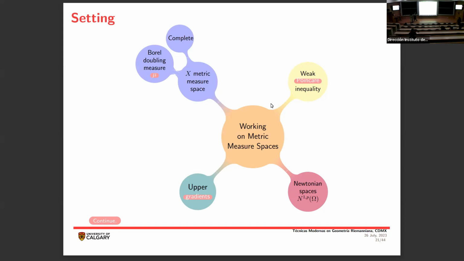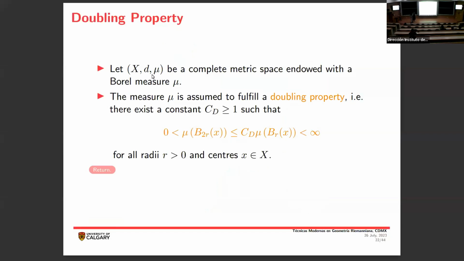And the first thing that we are going to assume is that X is complete and endowed with a Borel measure mu. Once we have this Borel measure, we're going to assume that the measure is doubling. What does this mean?